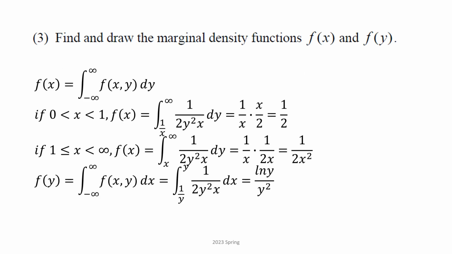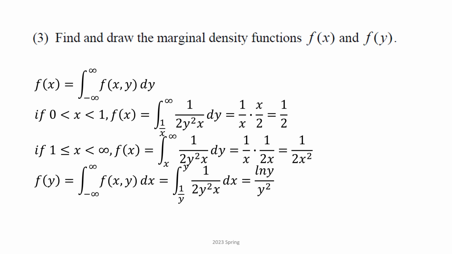The third problem is to find and draw the marginal density functions f_X(x) and f_Y(y). We know that f_X(x) equals the integral of f(x,y) dy.